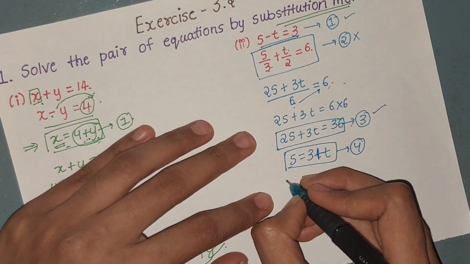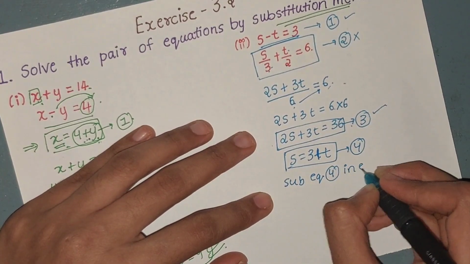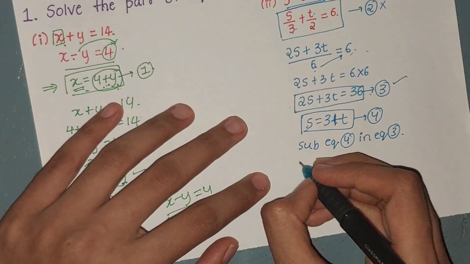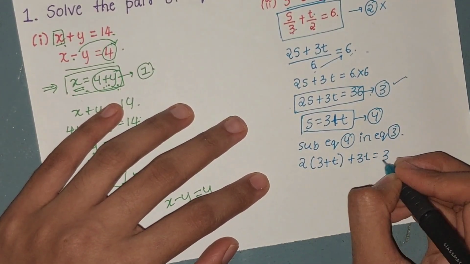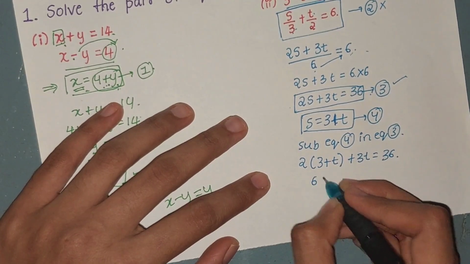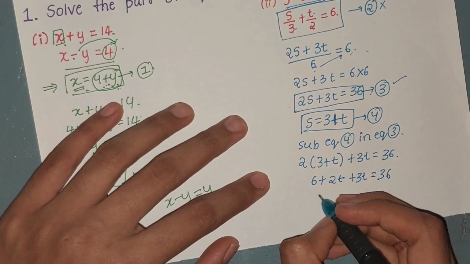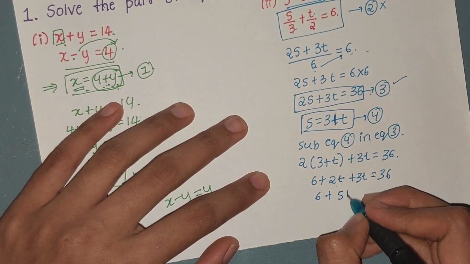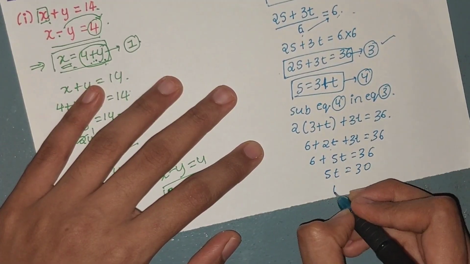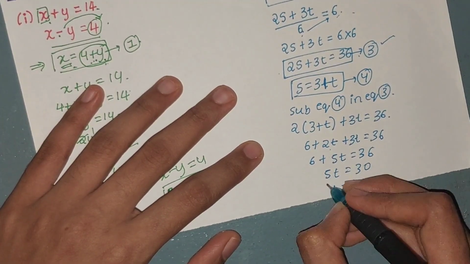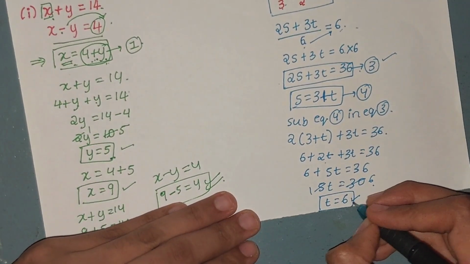Now substituting equation 4 in equation 3: 2 into (3 plus t) plus 3t is equal to 36. 2 threes are 6 plus 2 into t, 2t plus 3t is equal to 36. 6 plus 3 plus 2 is 5t is equal to 36. 5t is equal to 30, and t is equal to 6, because 5 sixes are 30. So my t is equal to 6.